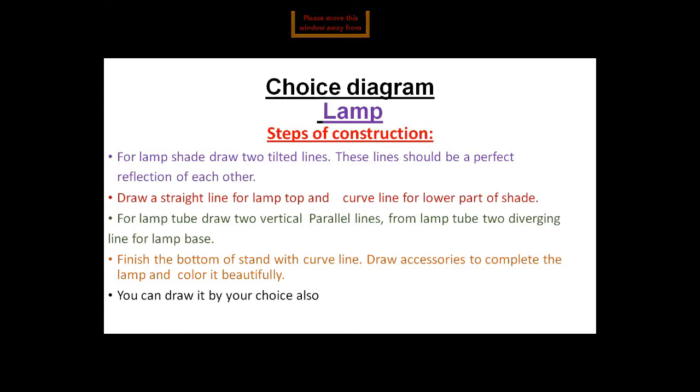Draw a straight line for the lamp top and a curved line for the lower part of the shade. Draw two vertical parallel lines from the lamp to two diverging lines for the lamp base. Finish the bottom of the stand with the curved line. Draw accessories to complete the lamp and color it beautifully. You can draw it by your own choice. Observe these two diagrams. You will draw easily.